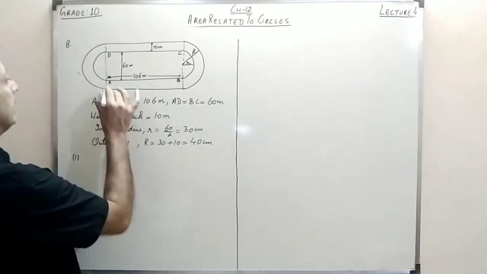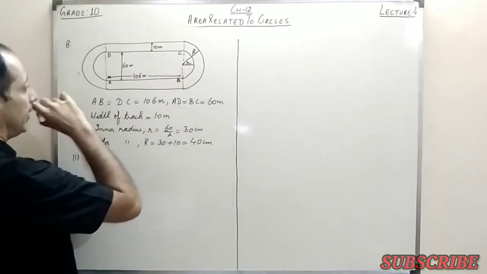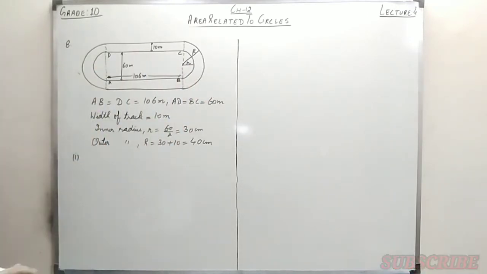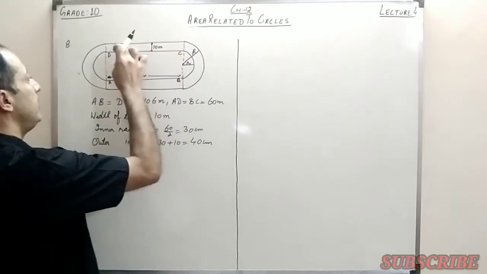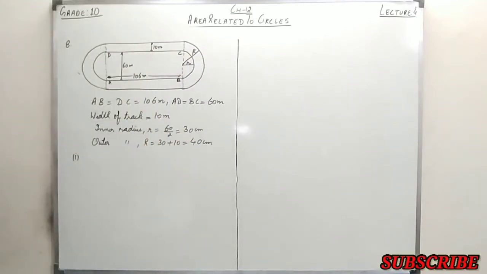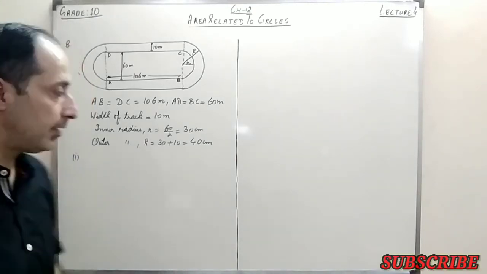So I have to find the length of this inner edge, this complete, right? So basically I have to add this AB, then this BC arc, then CD, and then this DA arc. And if you see carefully, the BC and DA arcs are basically the lengths of semicircle, right?